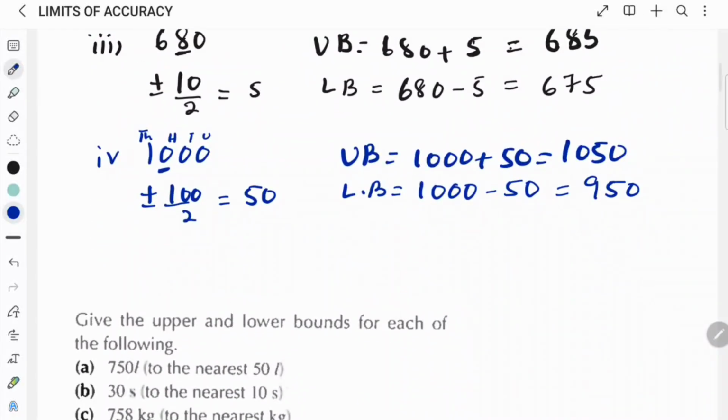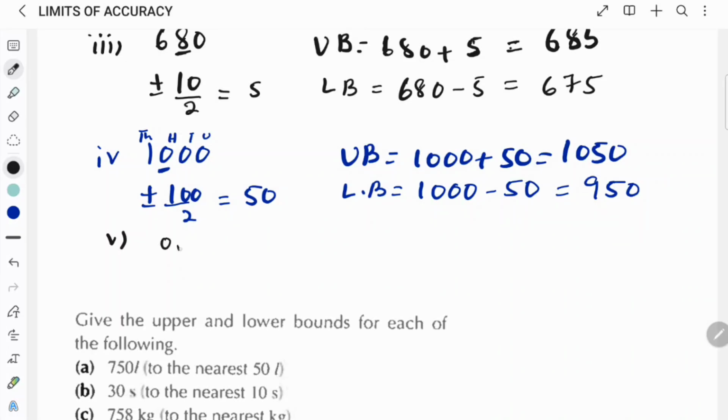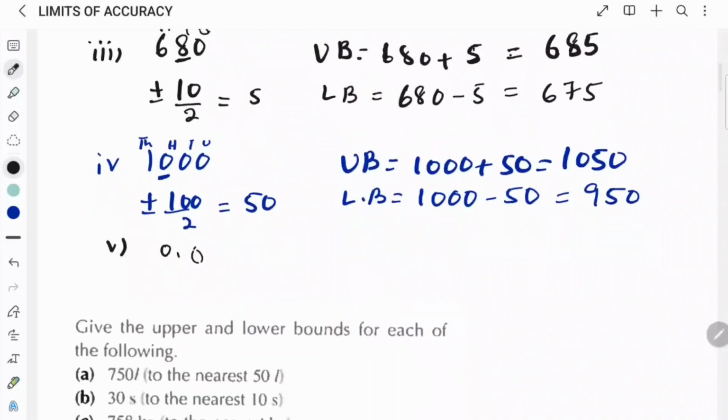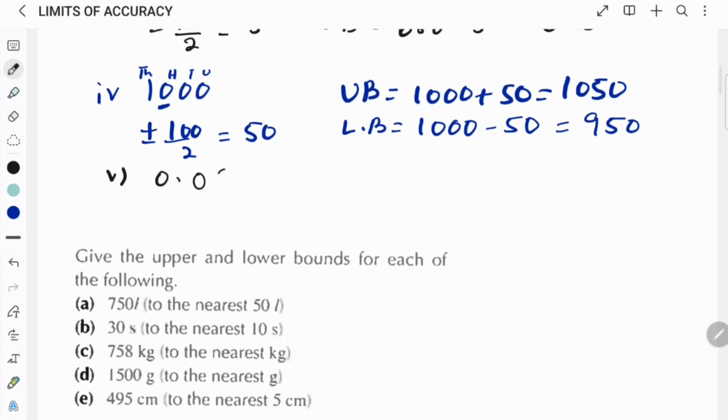Okay, so part 5 is 0.035. In this question, your second significant figure is the thousandth, so that is equal to 0.001.